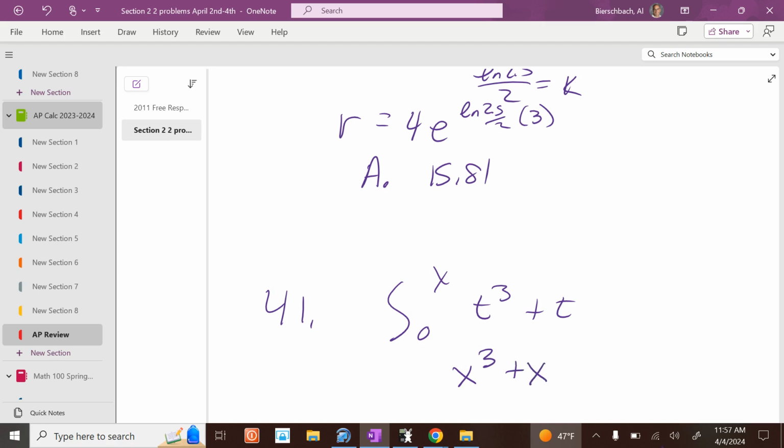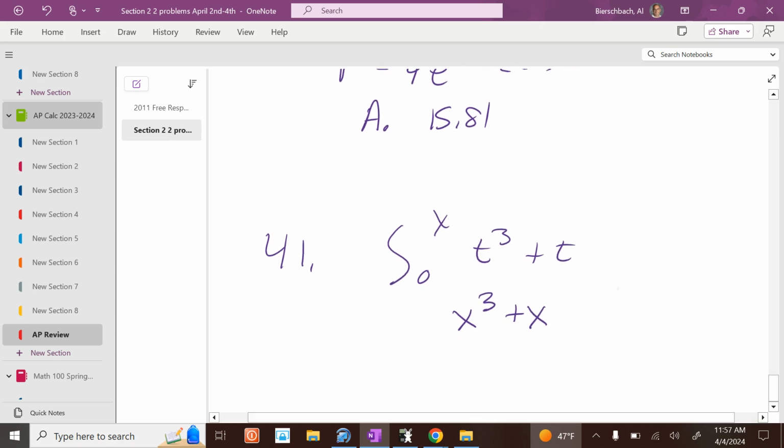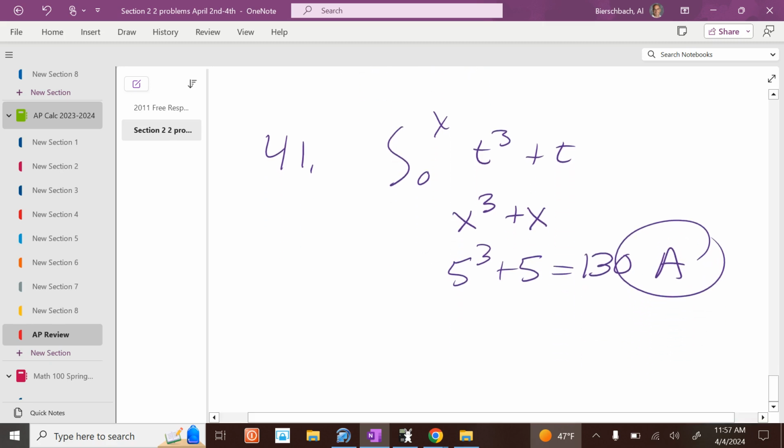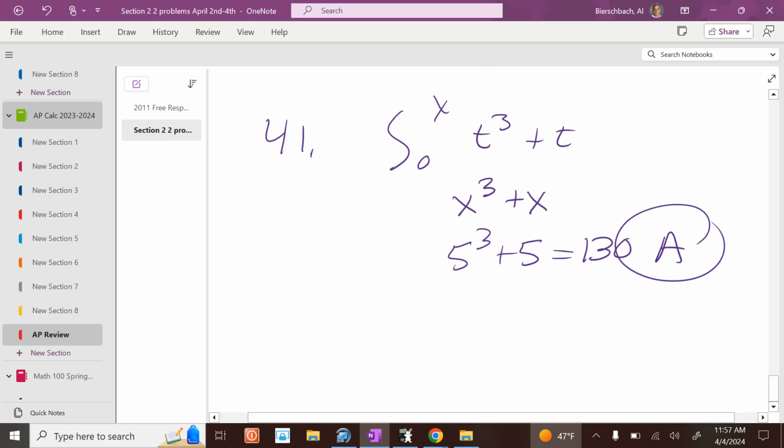And then do we just simply plug in the 5? So it's 5 cubed plus 5, which is 130, which is choice A. That's all it is. Yeah, it's just the fundamental theorem of calculus there. First derivative of the integral is just what it was.